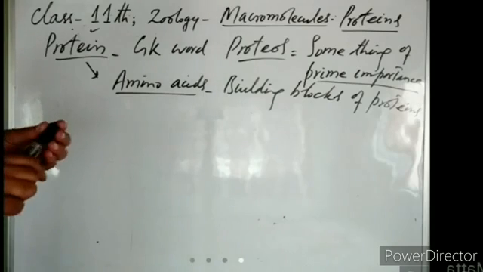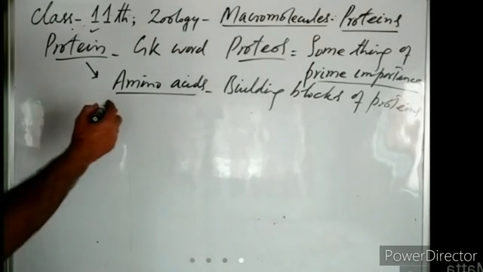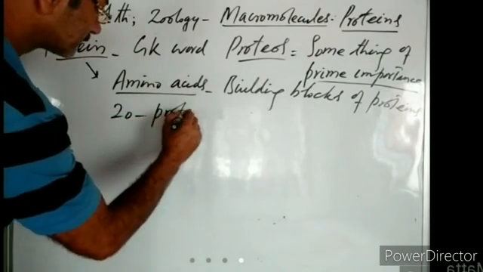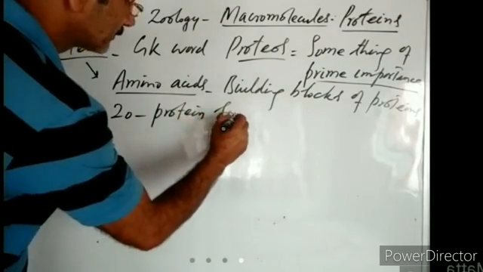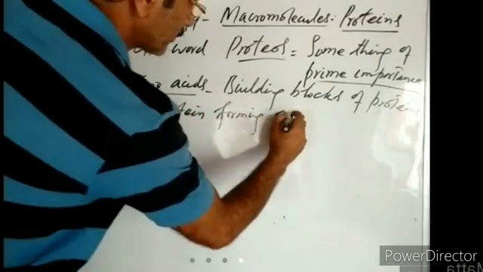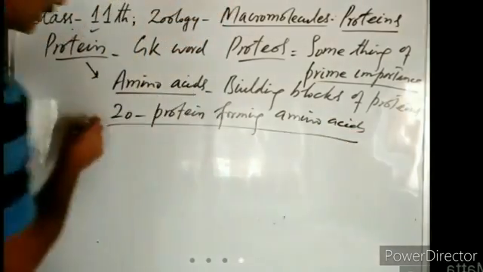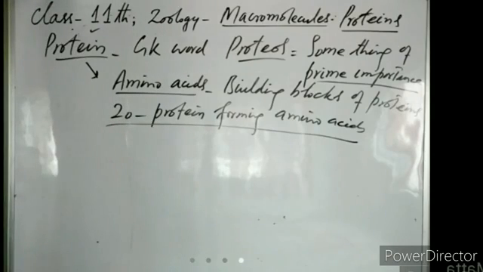How many amino acids are involved in protein formation? There are 20 protein forming amino acids. There are 20 standard amino acids, or protein forming amino acids, right?